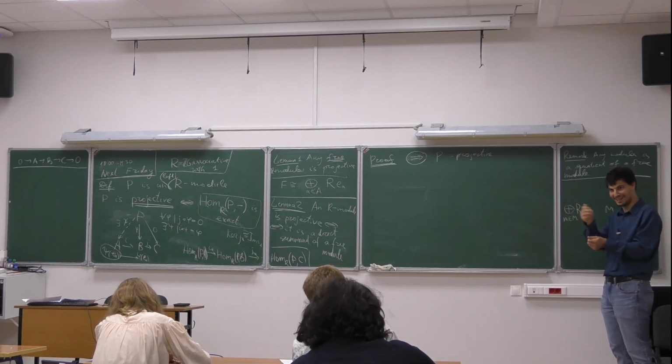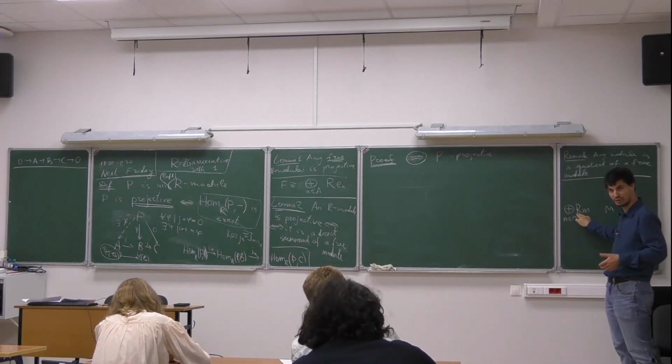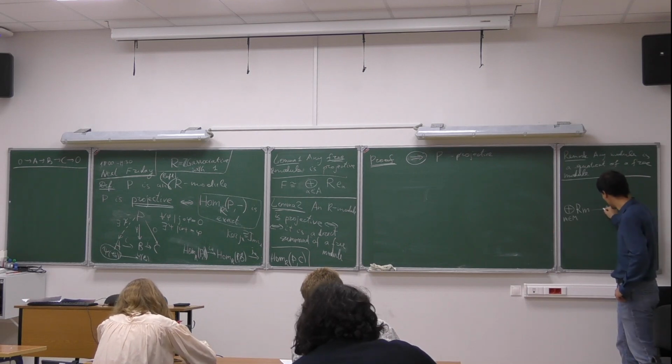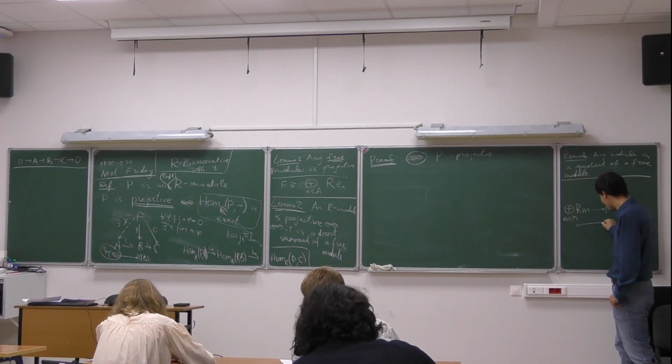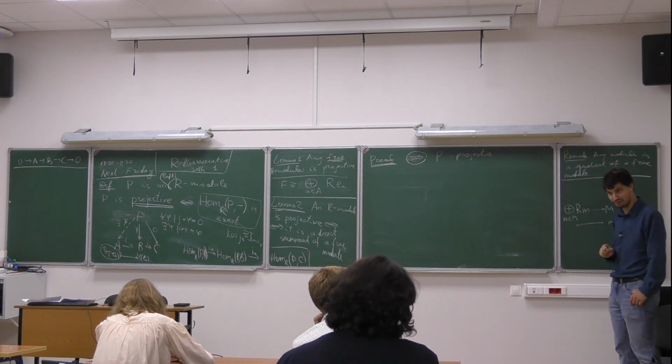Just these letters are basis elements of a free left R module. Then of course you have the natural homomorphism here, which takes any m, considered here as an element of the basis, to this m itself.